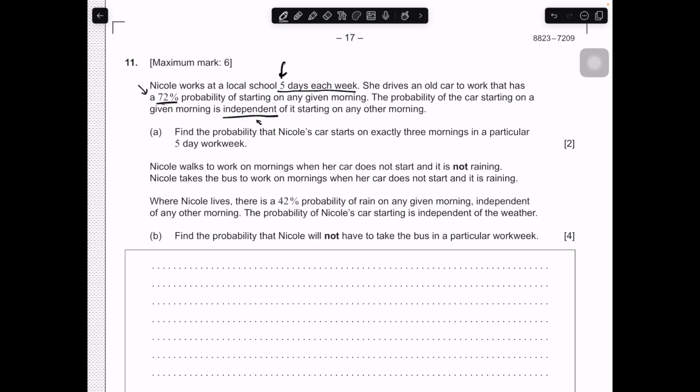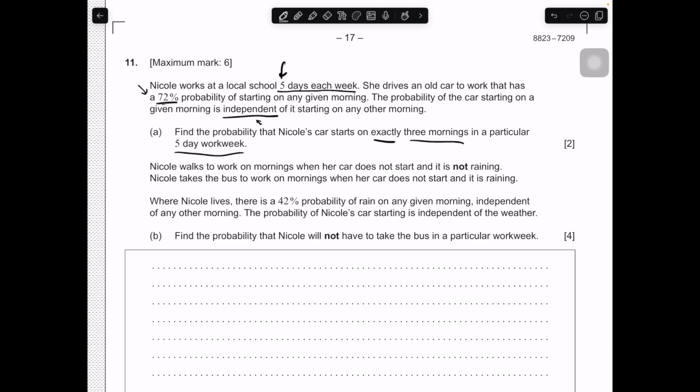This tells us that we're in the realm of binomial distribution. Set number of trials, independent events, probability remains constant, and we have success or failure. So we want the probability that Nicole's car starts on exactly 3 mornings in a particular 5-day work week.